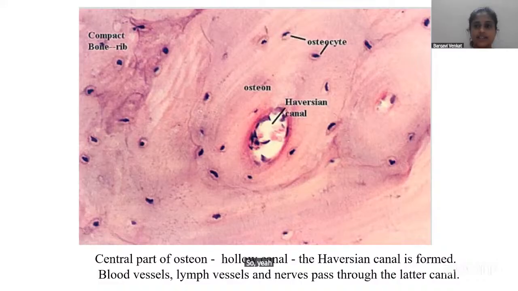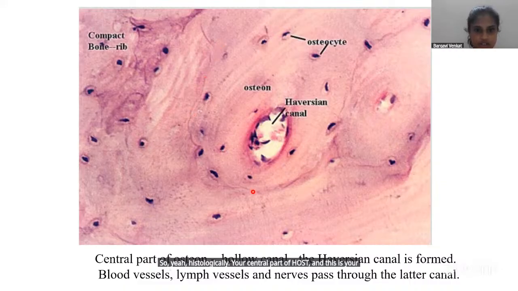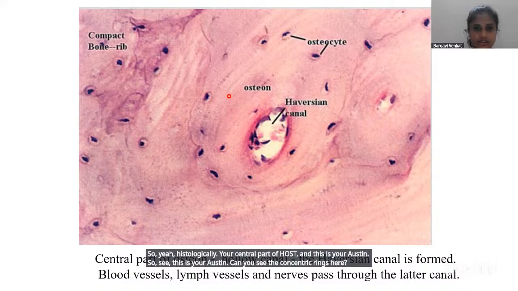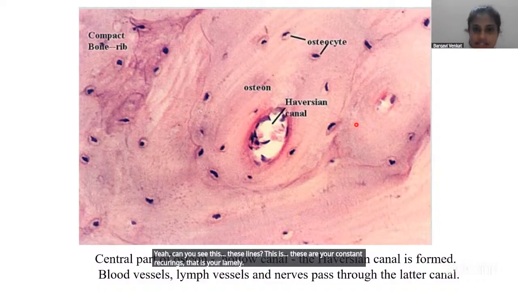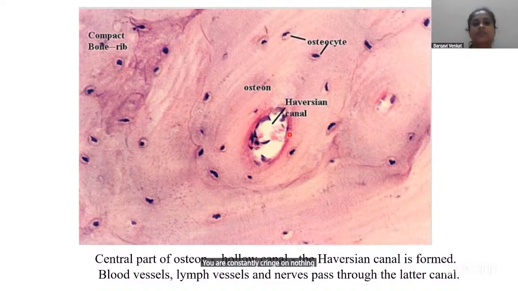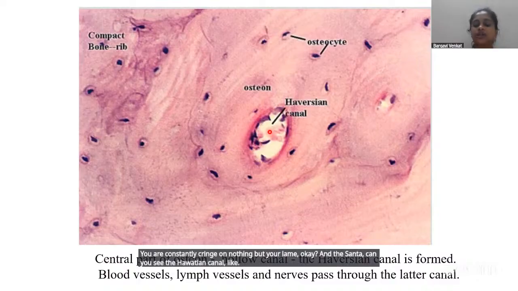Histologically, this is your osteon. Can you see the concentric rings here? These lines are your concentric rings, which are nothing but your lamellae. In the center, can you see the Haversian canal, where we had the blood vessels and nerve supply in the previous image?